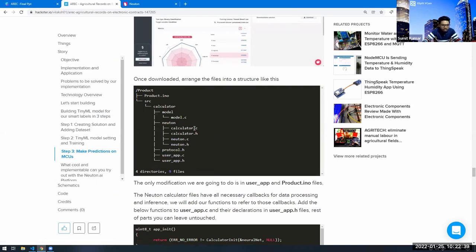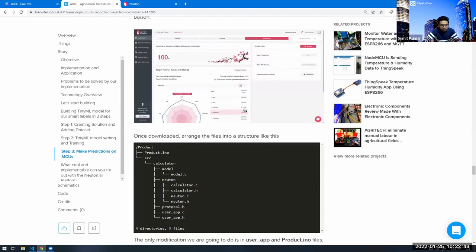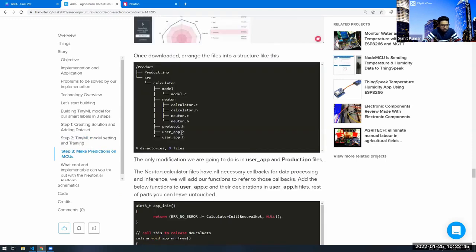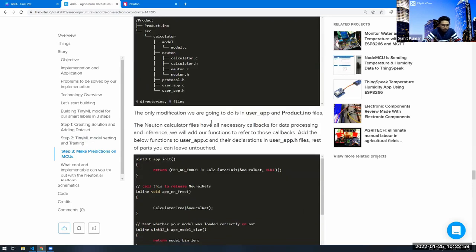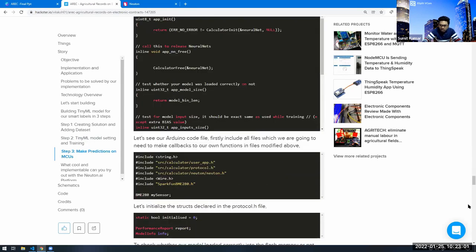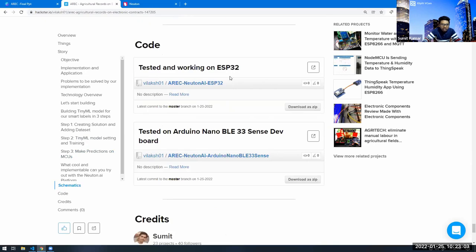So whatever inference, loading this model, all are going to use the callbacks declared in the user app. So you get a pre-deployed template actually. A pre-made template is already there, and you can easily use it so that you can configure your model pipeline for your own. So I have tested on 2 devices. Currently, I tested on ESP32 and BLE33 Sense.